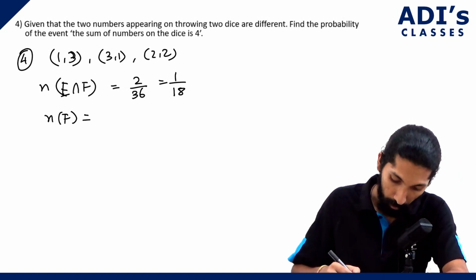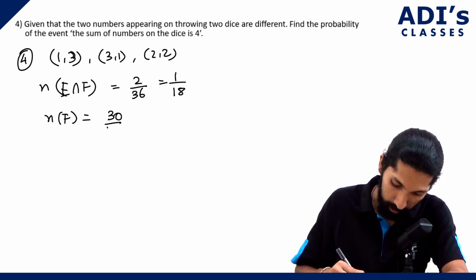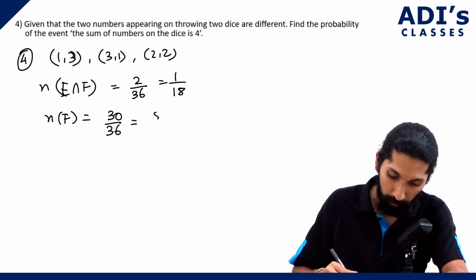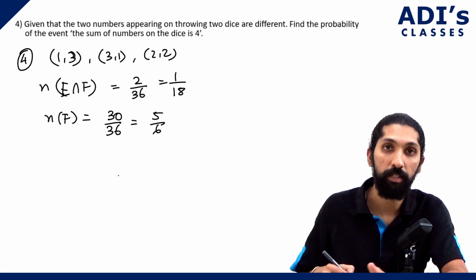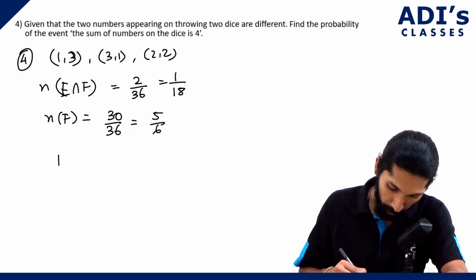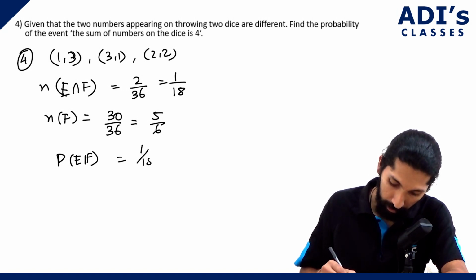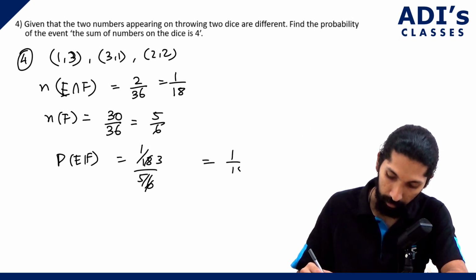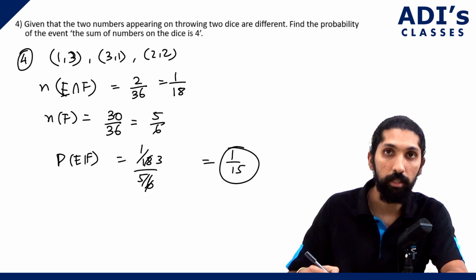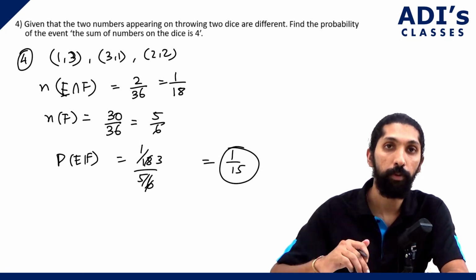Correct? So this is 30 out of 36, which is going to be 5 by 6. Make sense? So P of E given F is 1 by 18 divided by 5 by 6, which is 1 by 15. So this is the answer for this particular question.